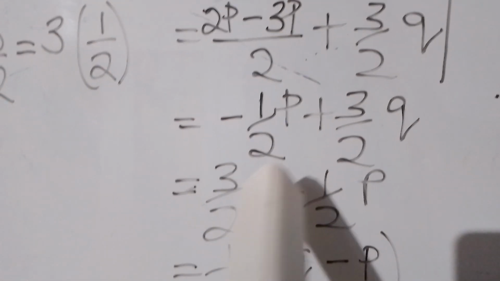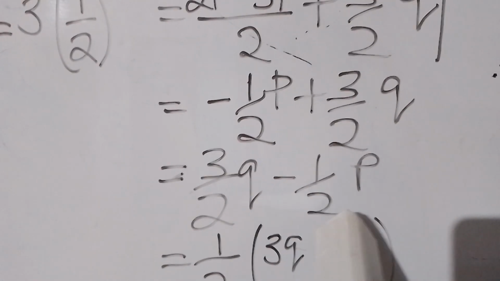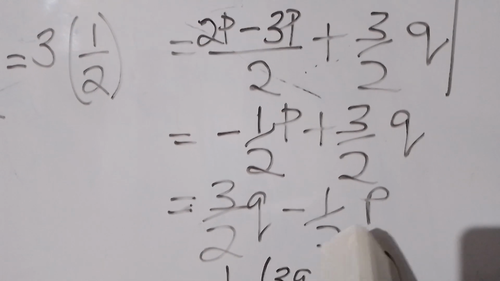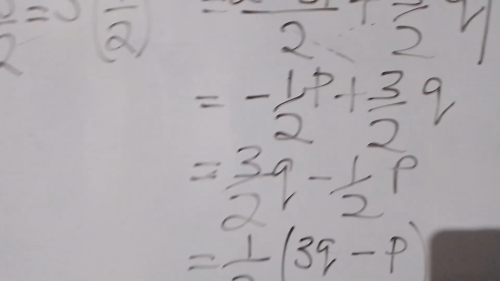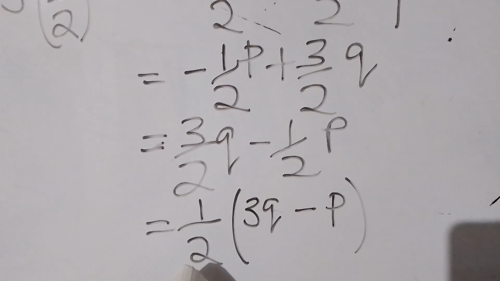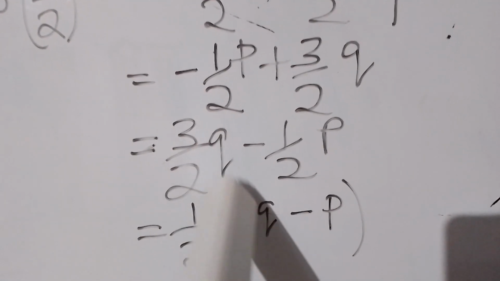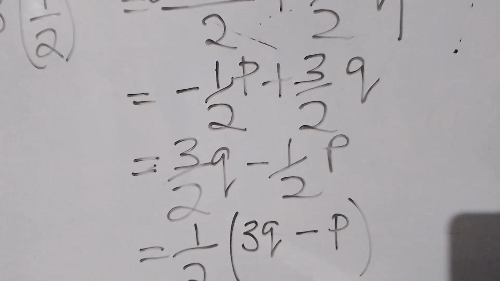So we can factor out half. When you look at this expression, 3 over 2Q minus half P, we have got a common factor, which is 1 over 2. So we can remove it outside, which becomes 1 over 2 multiplied by 3Q minus P, and that means that we have shown the solution we wanted.